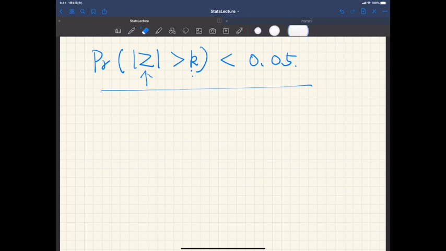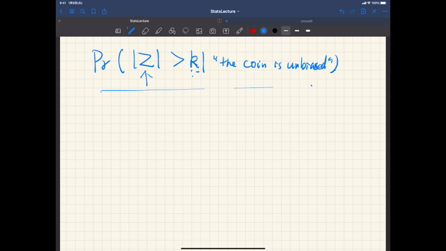This probability is actually a conditional probability, given that the coin is unbiased, that means p is equal to 0.5. If this probability is very small, and very small usually means 0.05 or 0.01, but this is quite arbitrary. As long as it's reasonably small, it's okay.